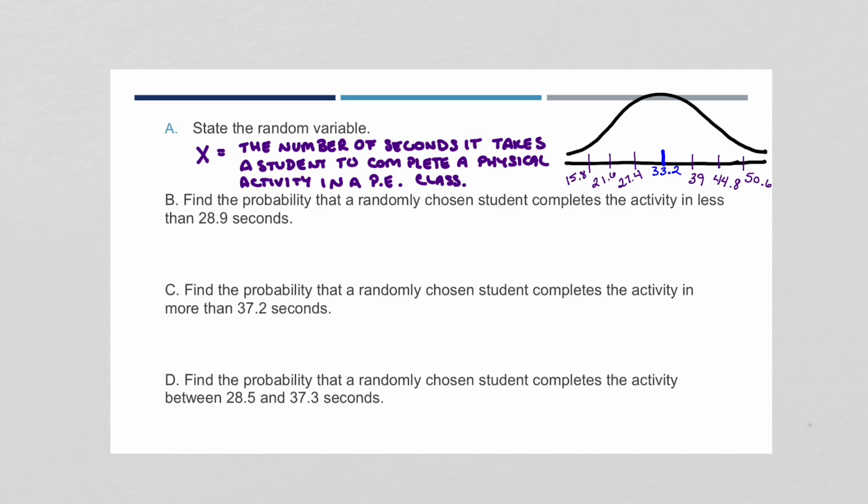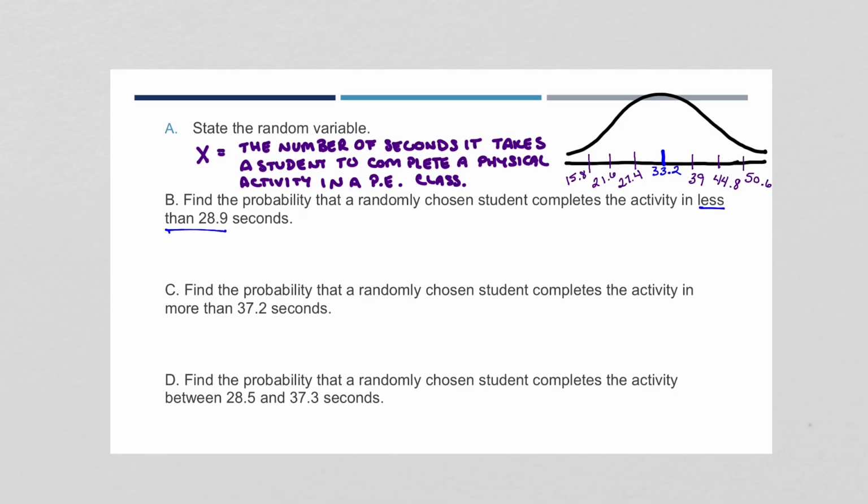So the first thing that we're going to do is find the probability that a randomly chosen student completes the activity in less than 28.9 seconds. So let's go ahead and explore that. I'm noticing it's saying less than.